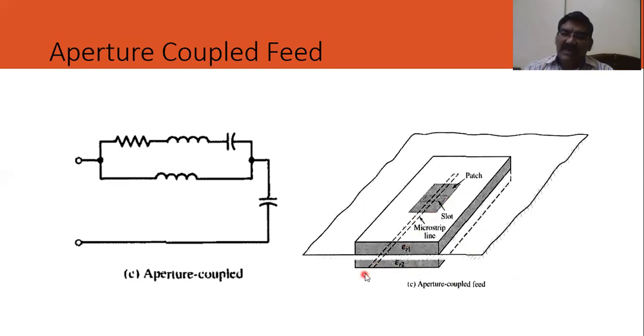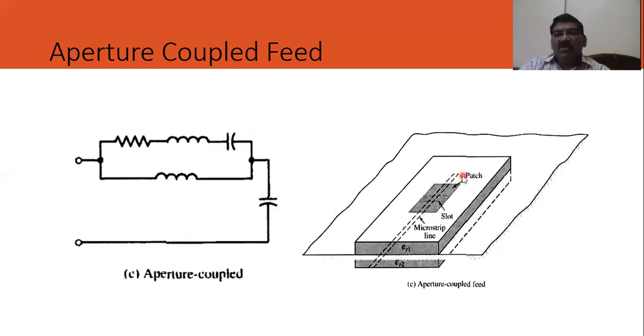The dotted line shown is between the two substrates, and the upper black portion is the patch, with a slot in it. The feed line is not directly physically connected; it is capacitively coupled.